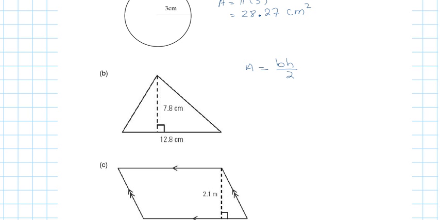So my base is 12.8 times the height, 7.8, and divide that by 2. What do you get? And the unit would be centimeters squared. Okay? Is this easy so far?